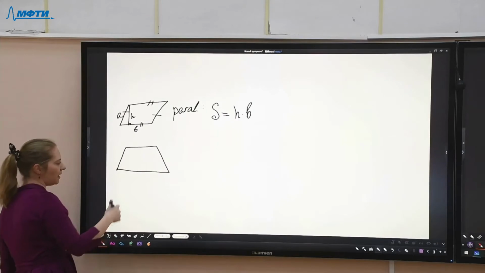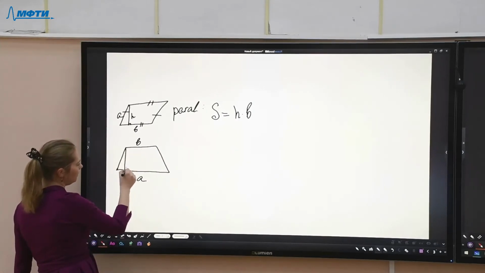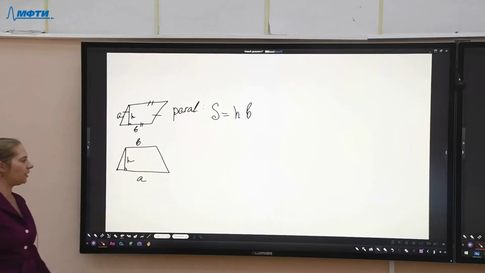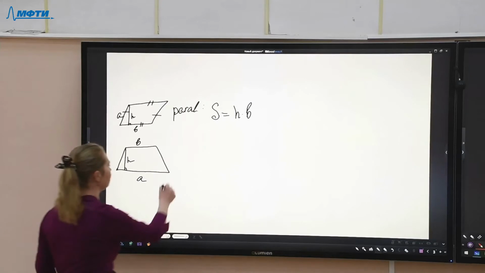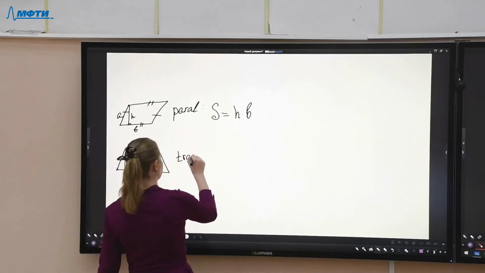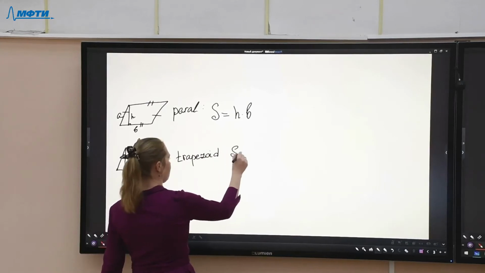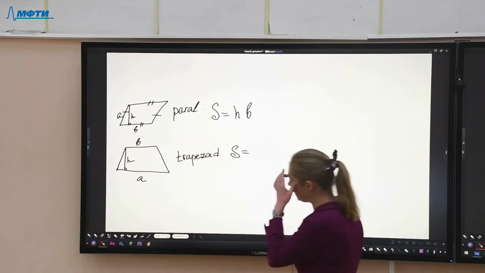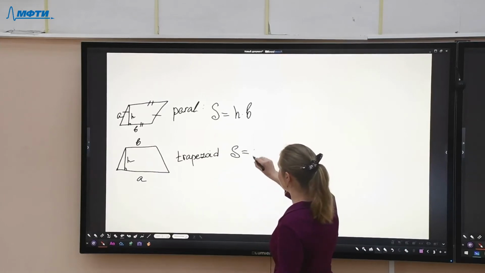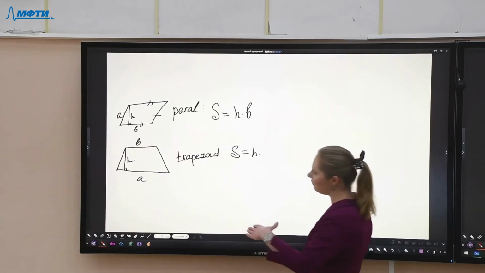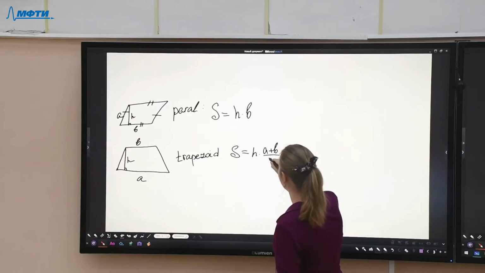Then trapezoid. Two sides are parallel, the bases A and B. And also we can drop a perpendicular, so let's draw an altitude in this trapezoid. And an area of this trapezoid will be this altitude times a half of the sum of two bases, so A plus B over 2.